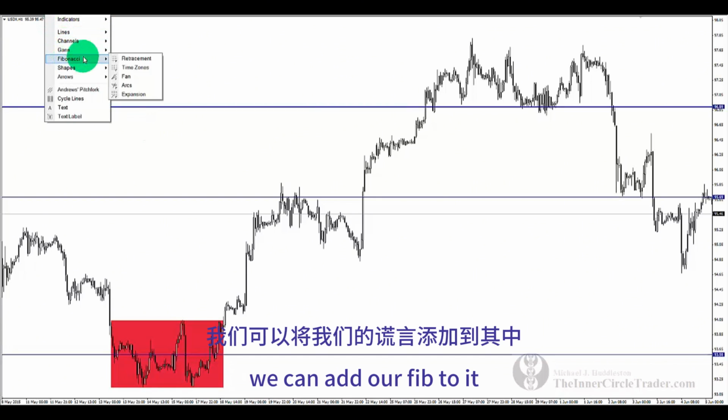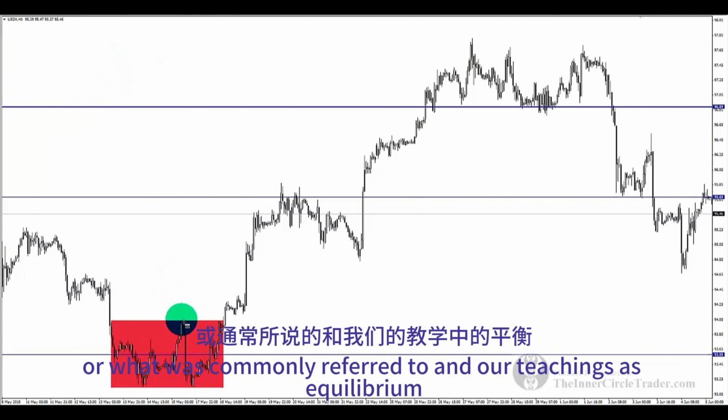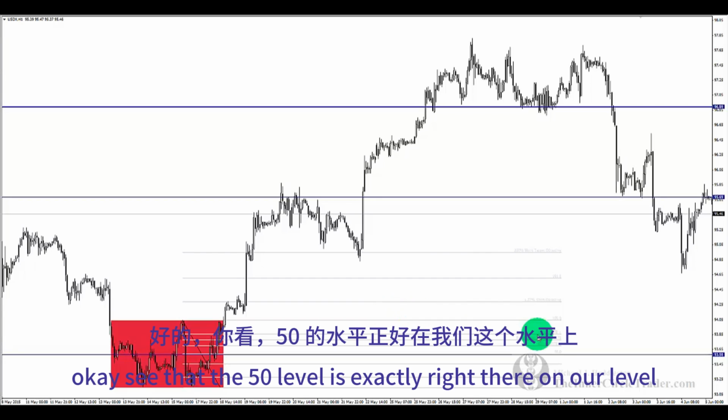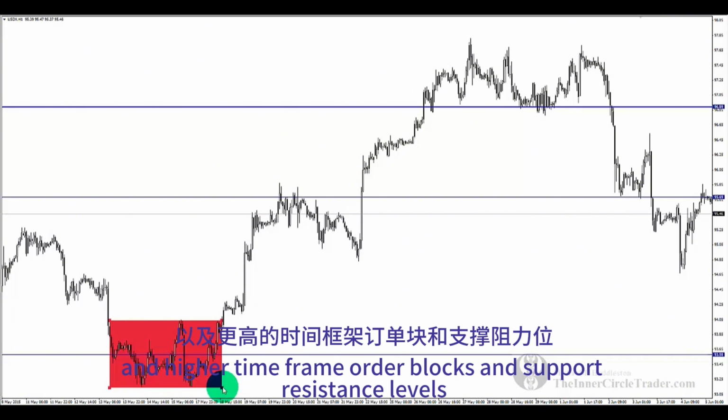We can add our fib to it, and what we're looking for is the midpoint or fair value, or what was commonly referred to in our teachings as equilibrium. See that? The 50 level is exactly right there on our level, so that's a good level to have in terms of fair value, equilibrium, and higher time frame order blocks and support resistance levels.